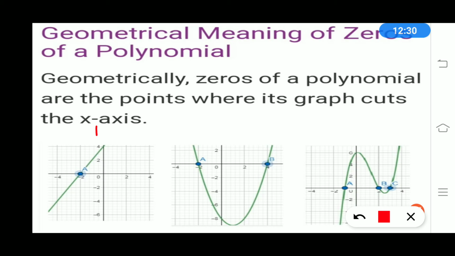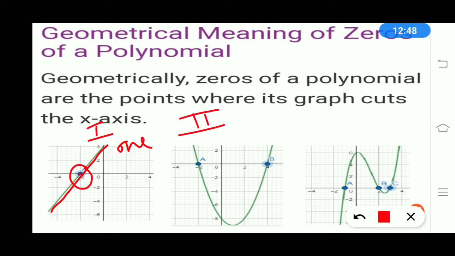For this figure, the graph or the curve cuts the x-axis at only one point, then the number of zeros is 1.